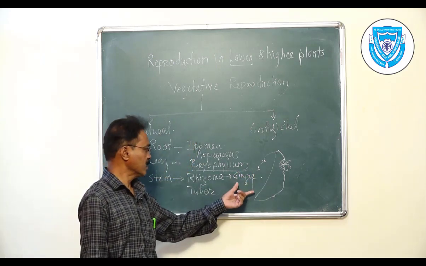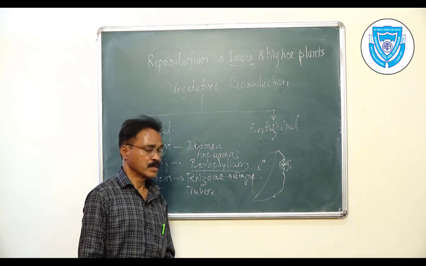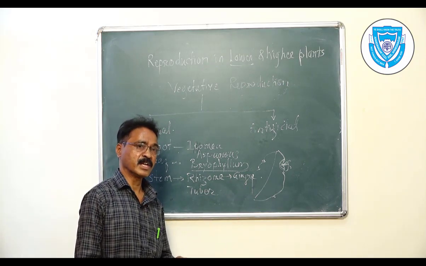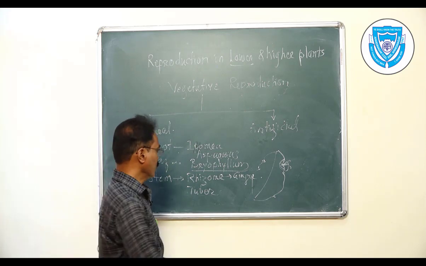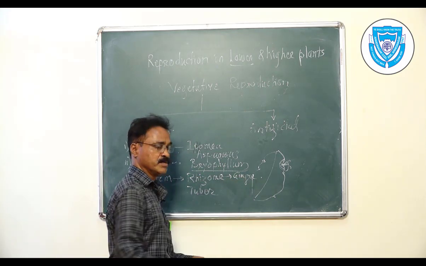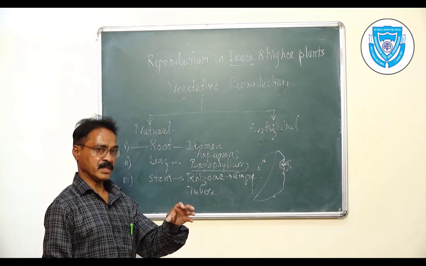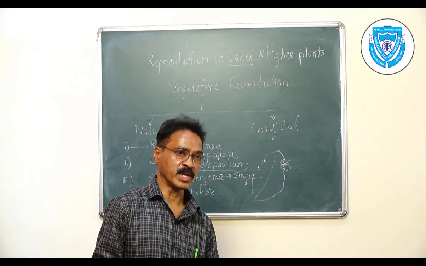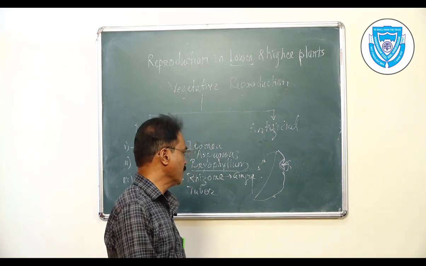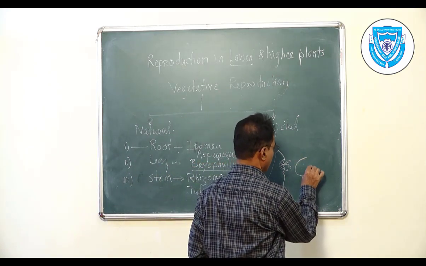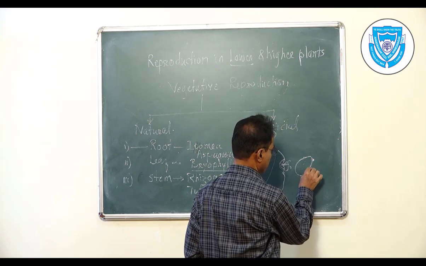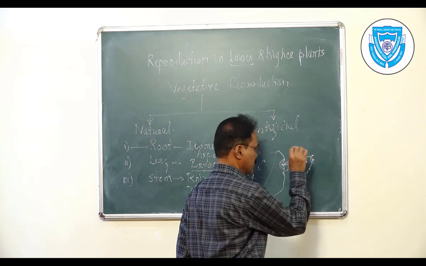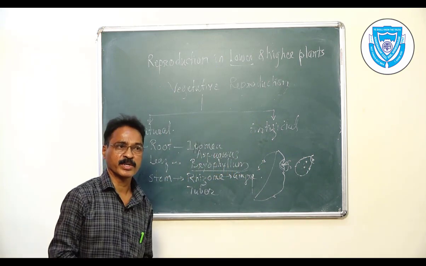Then second is Curcuma longa, that is known as haldi, turmeric, the common name. This is also part of the stem which is hidden, that means it is present below the ground, below the soil. Because it has such buds on it, they are the axillary buds, and these buds are utilized as vegetative reproductive parts.